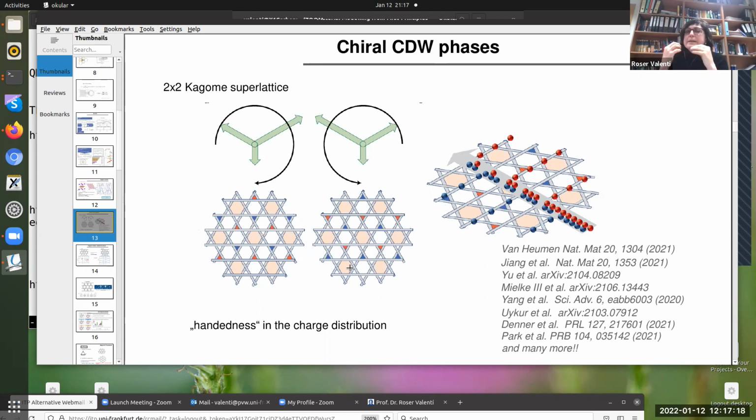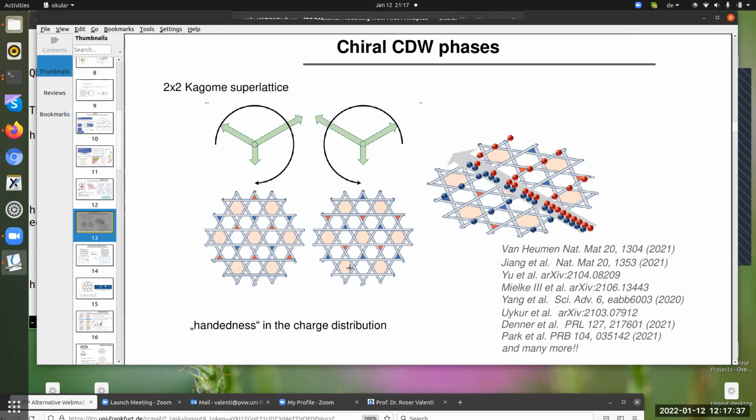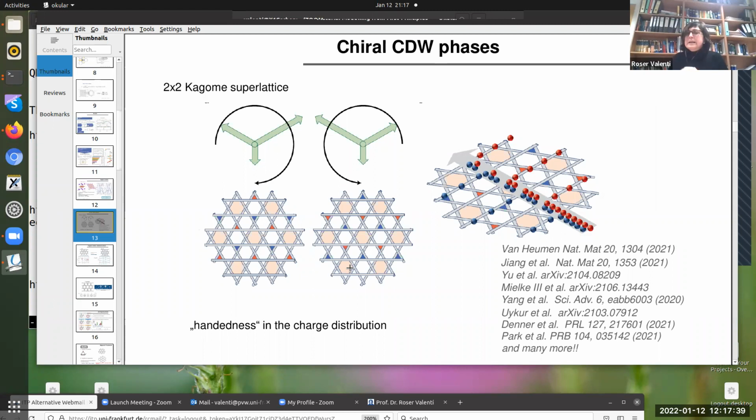But I think that we are still not there to say this yes and this not. But these are the two mechanisms. So for electron-phonon, we wouldn't require strong correlations. But if it is an electronic mechanism, then you need to include this type of interaction. So that's the situation that I know so far. It could well be that we will know more the more experiments that are around.